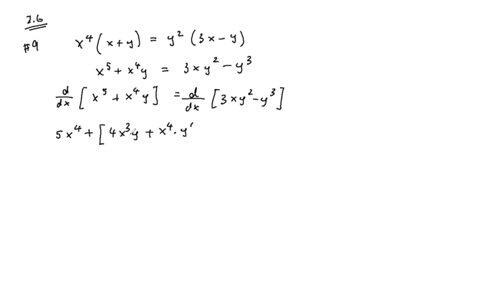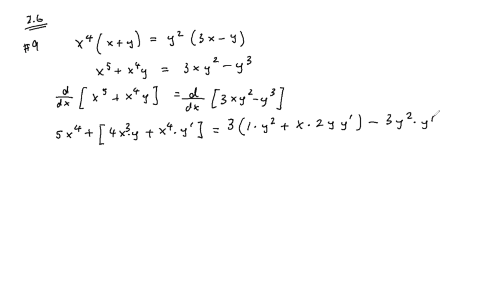See that? And then that is equal to, taking the derivative of the first term using the product rule, 3 times 1 times y squared plus x times 2y y prime using the chain rule right here, minus the derivative of the second term, which is 3y squared times y prime.